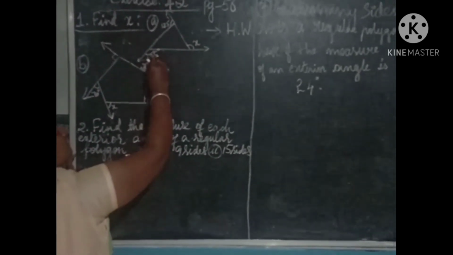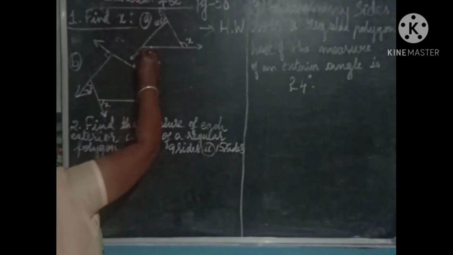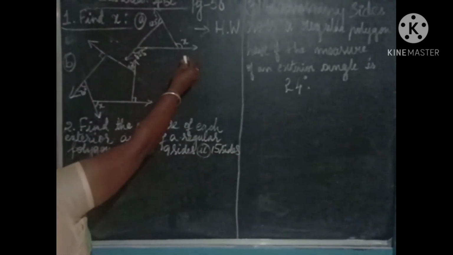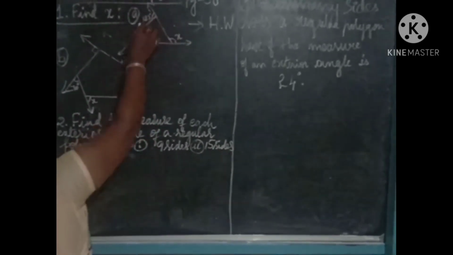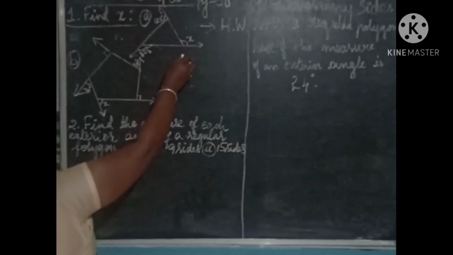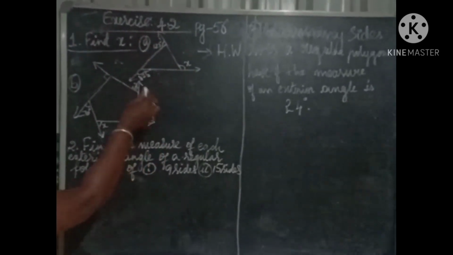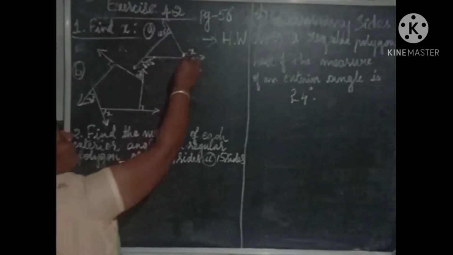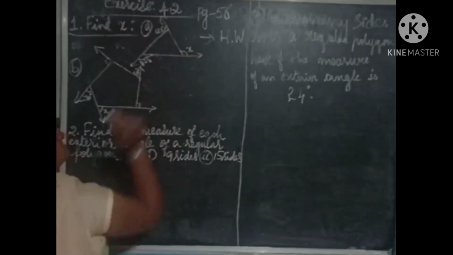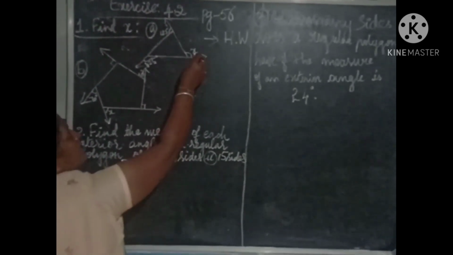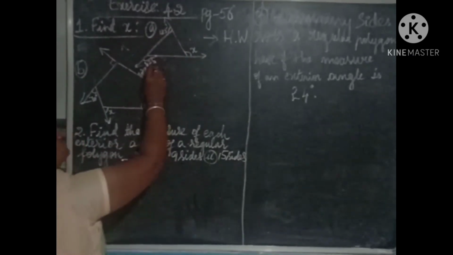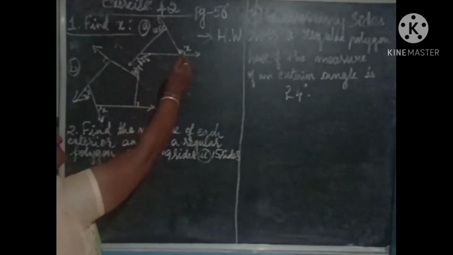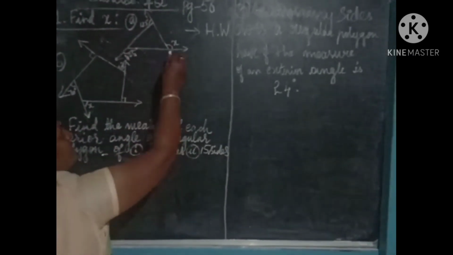You should take this as homework. Okay children. See, this is a 3-sided polygon. We have studied now that the sum of exterior angles of a polygon is 360 degrees. So use that concept. x plus 125 plus 125 is equal to 360 degrees. Then find out what x is.